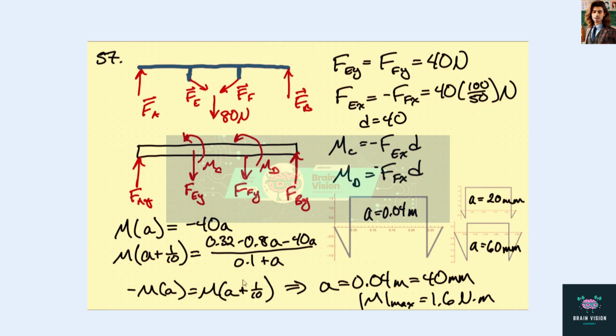if we draw a free-body diagram of our beam now, with the forces and bending moments on it, this one will be positive, this one will wind up being negative.